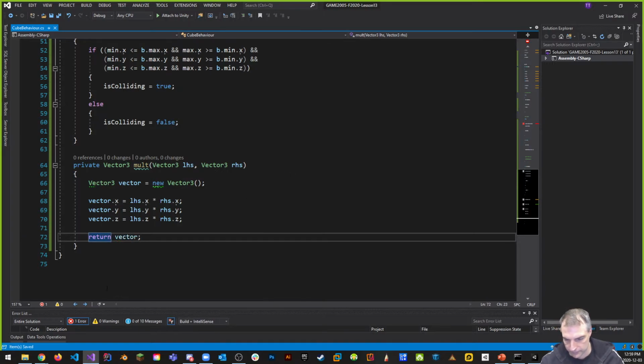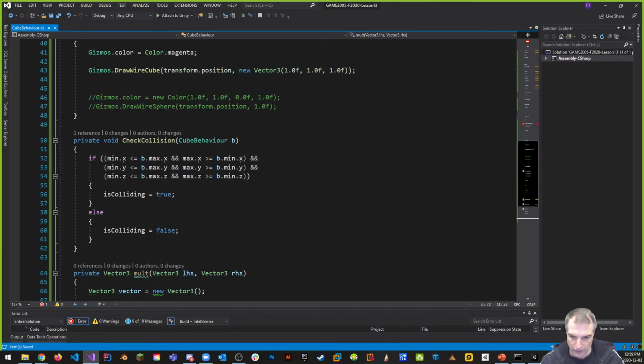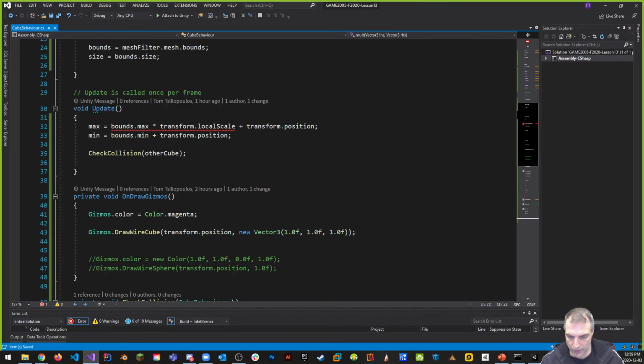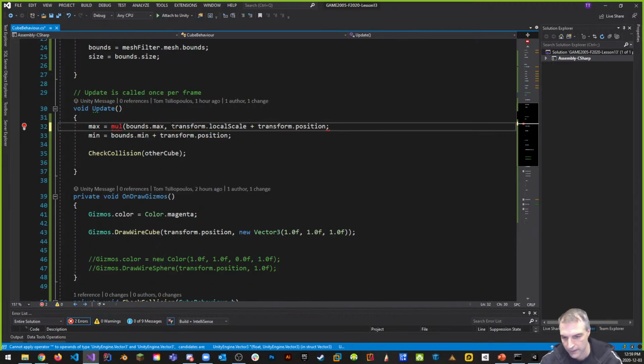Wonderful. So I made a new little function, left-hand side, right-hand side. Take the left-hand side and multiply it by the right-hand side, and return as a new vector. Cool. I'm going to go back up here now and say, all right, I want my bounds to be multiplied. So I'm going to say mult bounds x max and transform local scale.